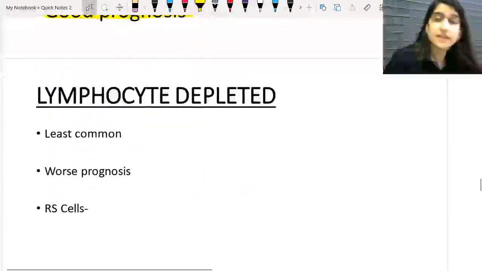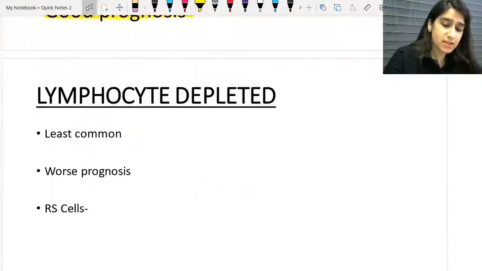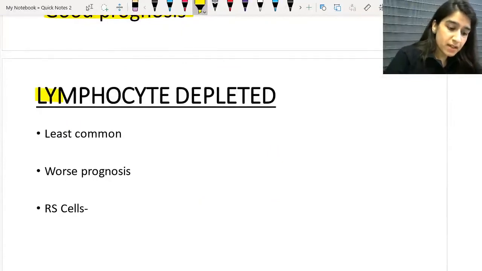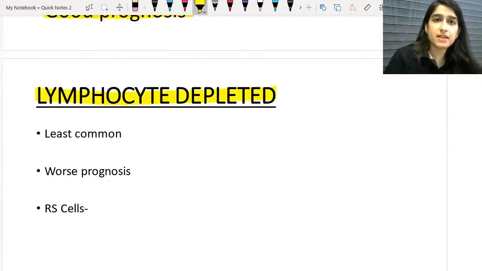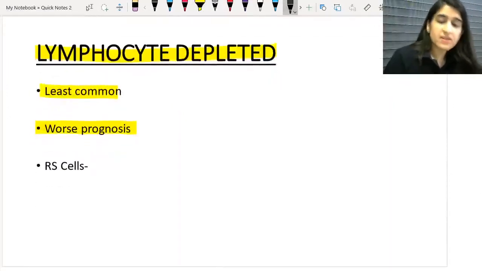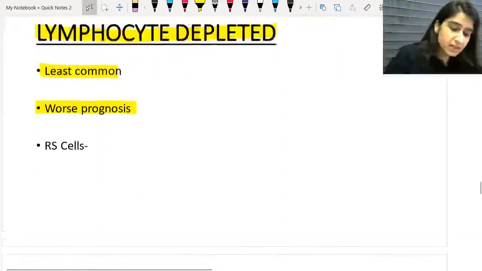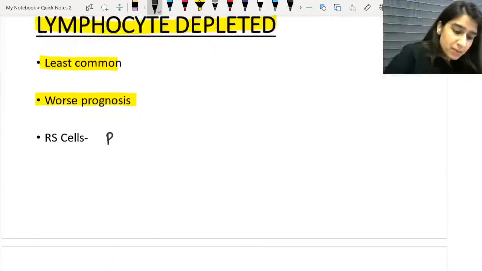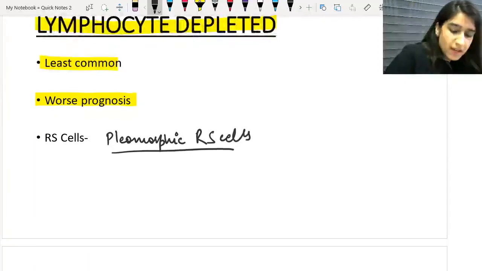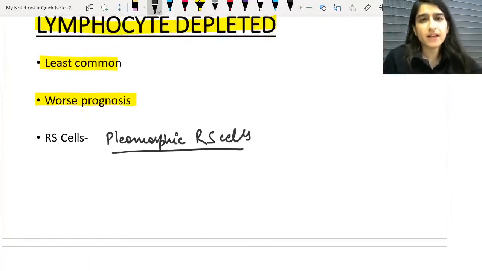Now the last entity in the classical subtype of Hodgkin's lymphoma is the lymphocyte depleted. As I told you earlier, it is the least common and it carries the worst prognosis. What type of cells do we see in this kind of Hodgkin's lymphoma? We see pleomorphic RS cells. Why are they called pleomorphic? Because they vary in size and shape.